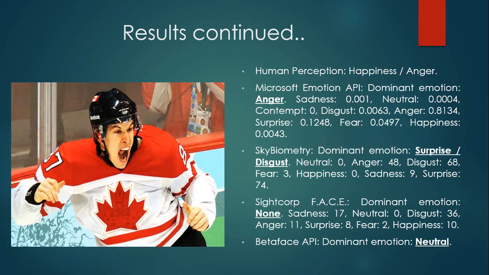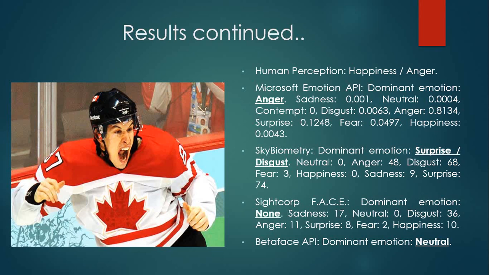So there's also a problem because in this image, the player has scored a goal in the ice hockey tournament finals, and this was a winning goal, and the player is definitely happy in this picture if you know the context, if you know the background story. But if you look at the image and you don't know anything about it, you'll probably think that the player is angry, more than he's happy, of course.